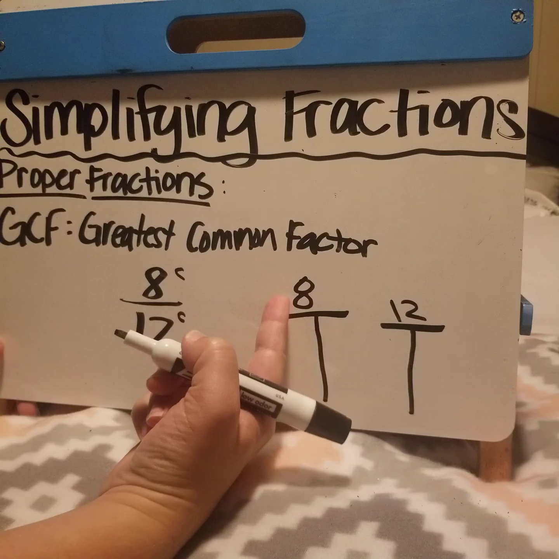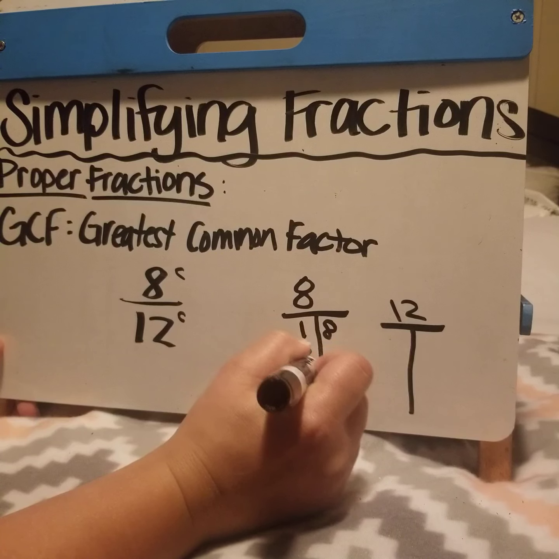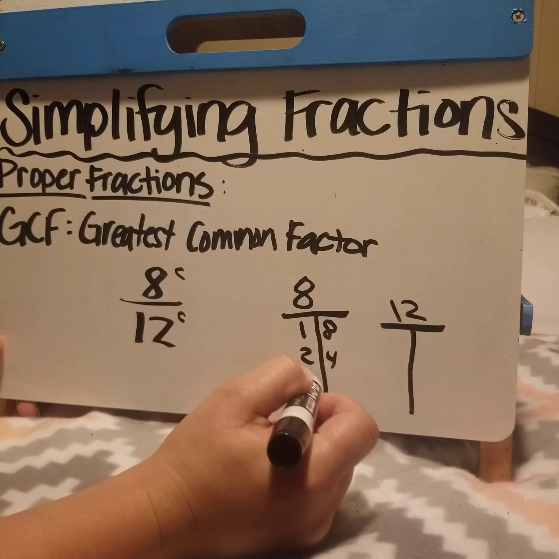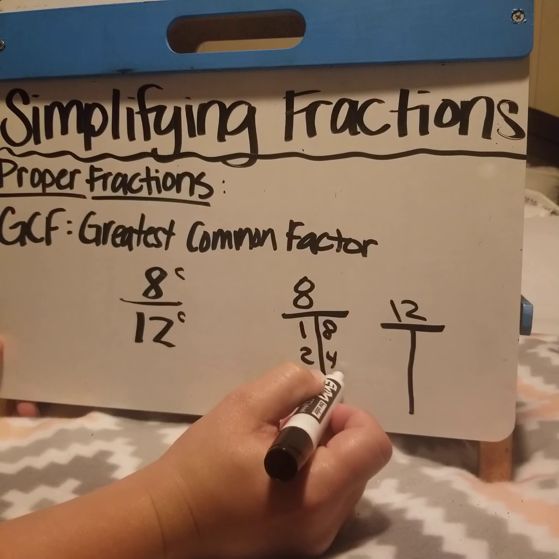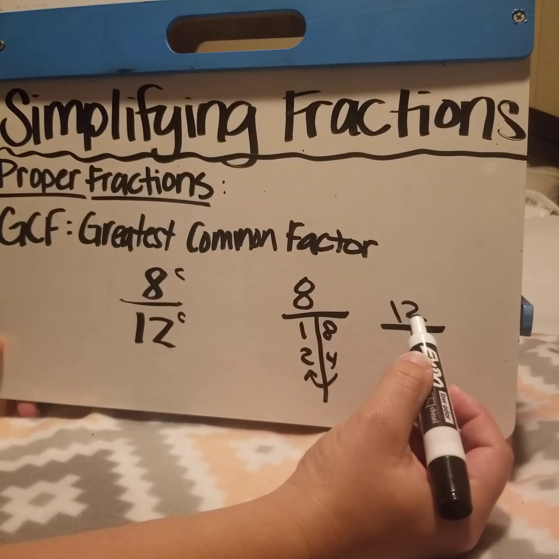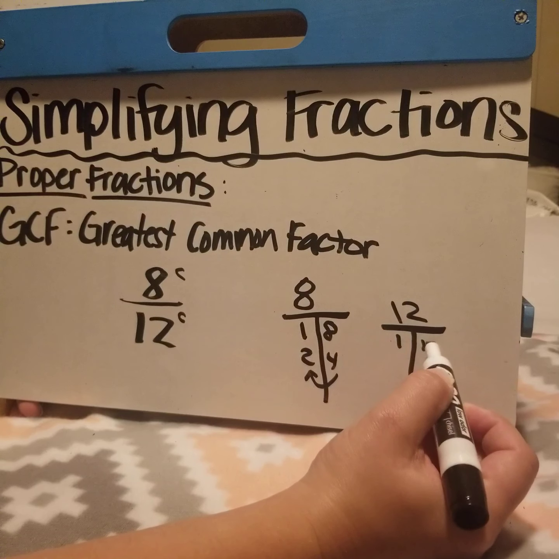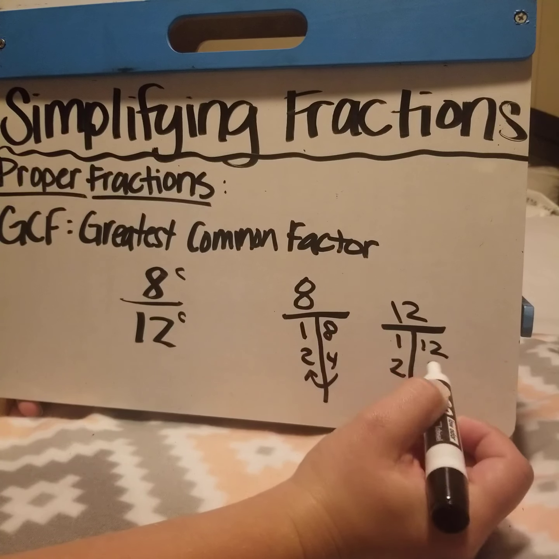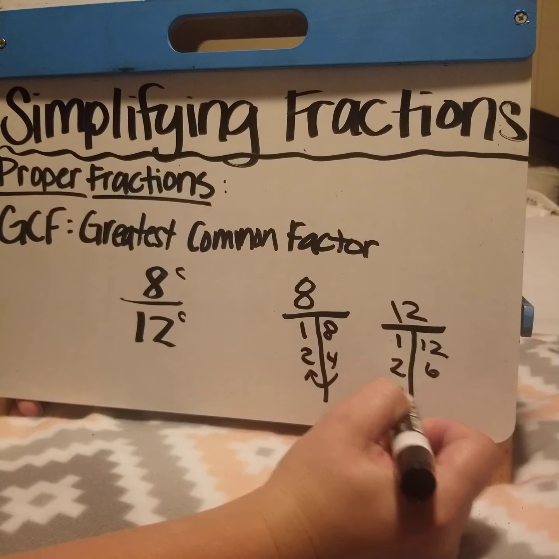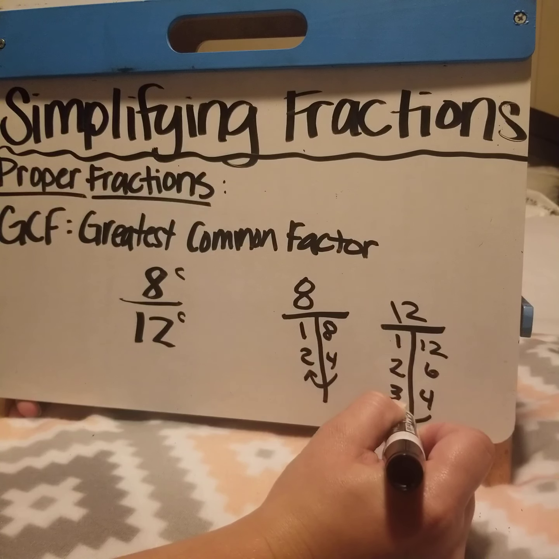So I'm looking for numbers that I multiply to get 8. So I know I can do 1 times 8, 2 times 4. 3 doesn't work, and 4 would be the next one, so that's a U-turn. We're going to stop there because it would just repeat. So for 12, the numbers that we can multiply to get 12 are 1 times 12, 2 times 6, 3 times 4. And 4 would be my next number, so again, I have a factor U-turn.